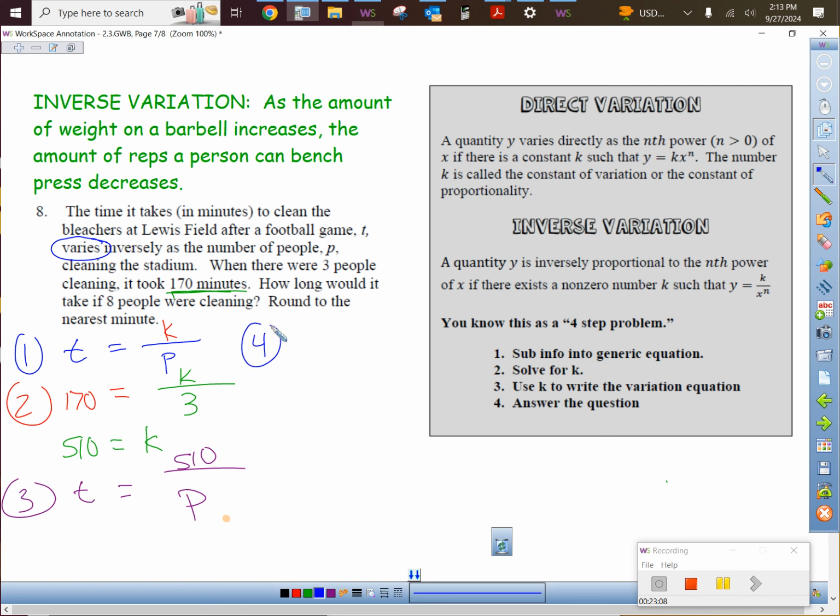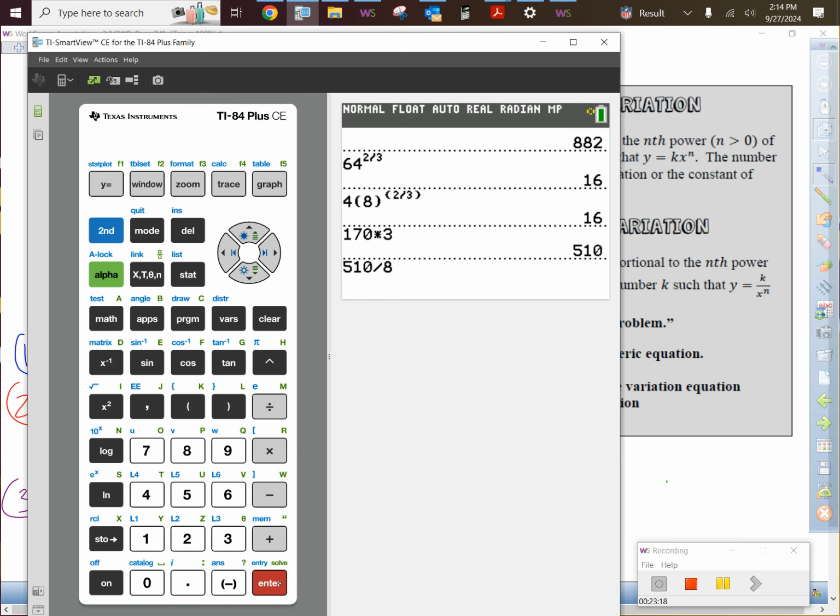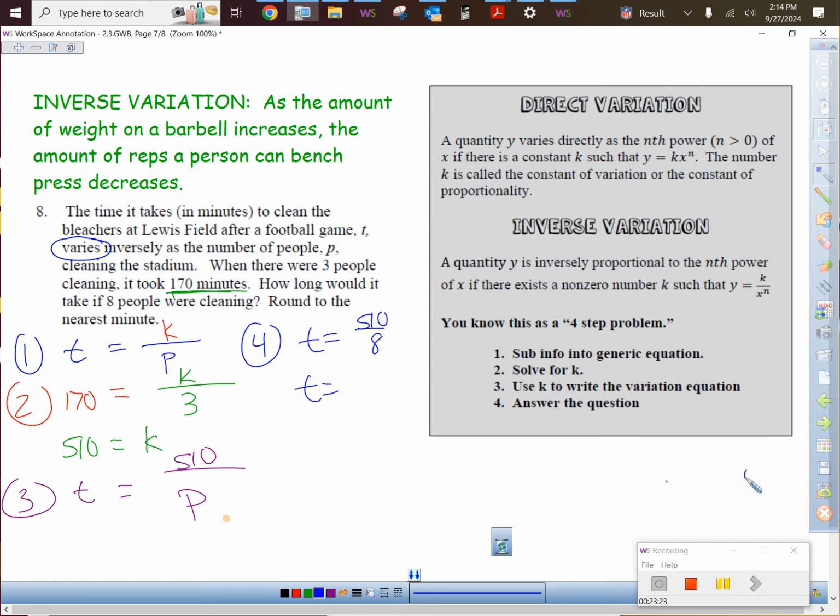And then step 4, it says, how long would it take if 8 people were cleaning, right? So T equals 510 over 8. 510 divided by 8. 63.75 minutes. I don't know if they're going to have you round to the nearest minute. Yes, they do. They say it right there, round to the nearest minute.